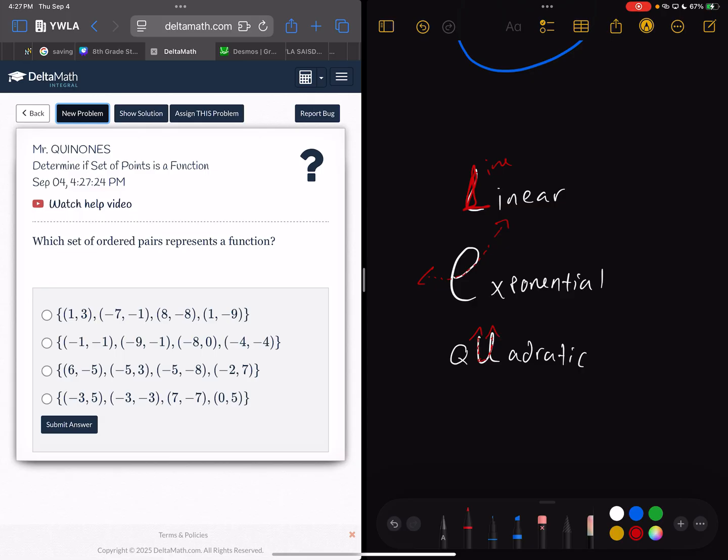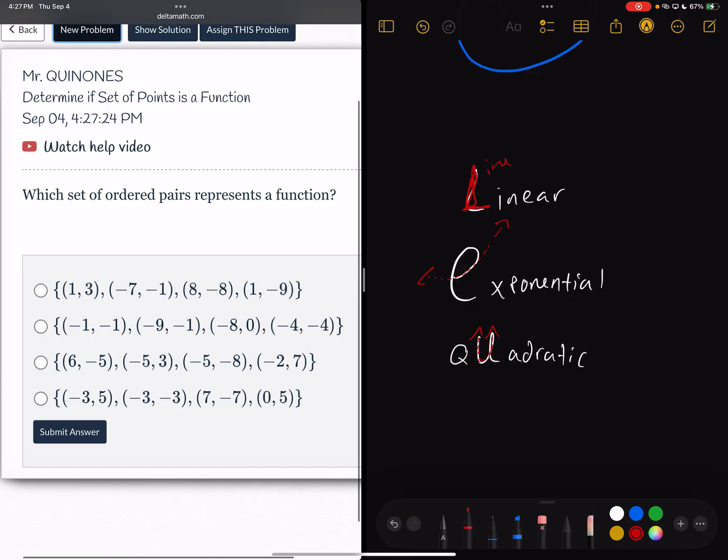Okay, which ordered pair represents a function? So that means the x can or cannot repeat? Cannot repeat, exactly. So let's take a look. Option 1: 1, -7, 8, and 1. Can't choose that. That one's not a function. The next one: -1, -9, -8, -4.